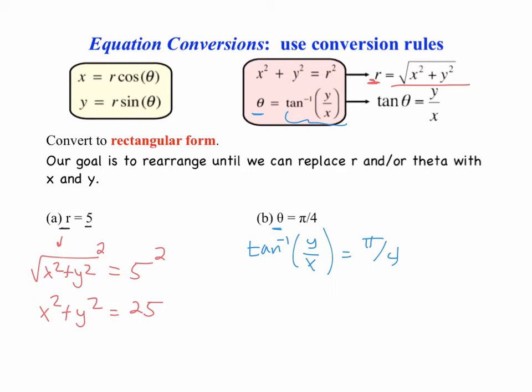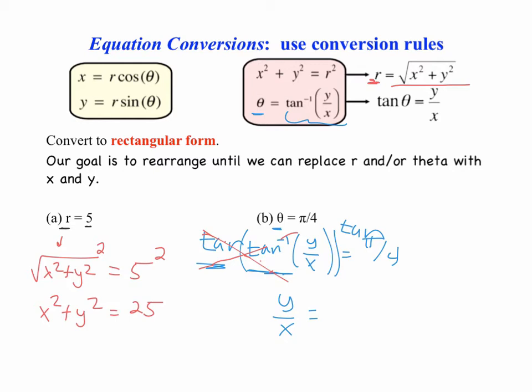The key to fixing this is if I just take the tangent of both sides. On the left side, the tangent of the inverse tangent, those just cancel each other out. And so I end up with y over x on the left.